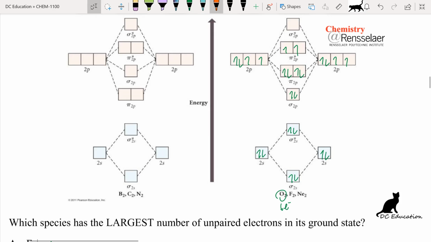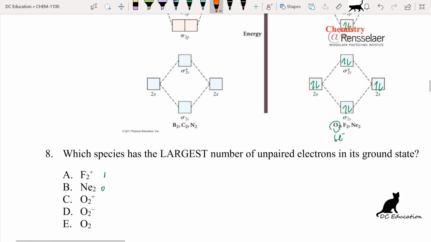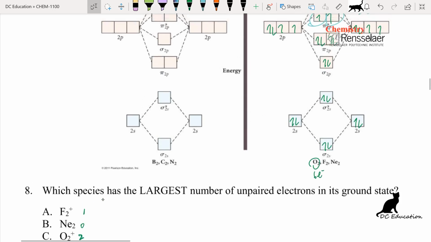As you can see, there's 1 and 1. So there are 2 unpaired electrons.